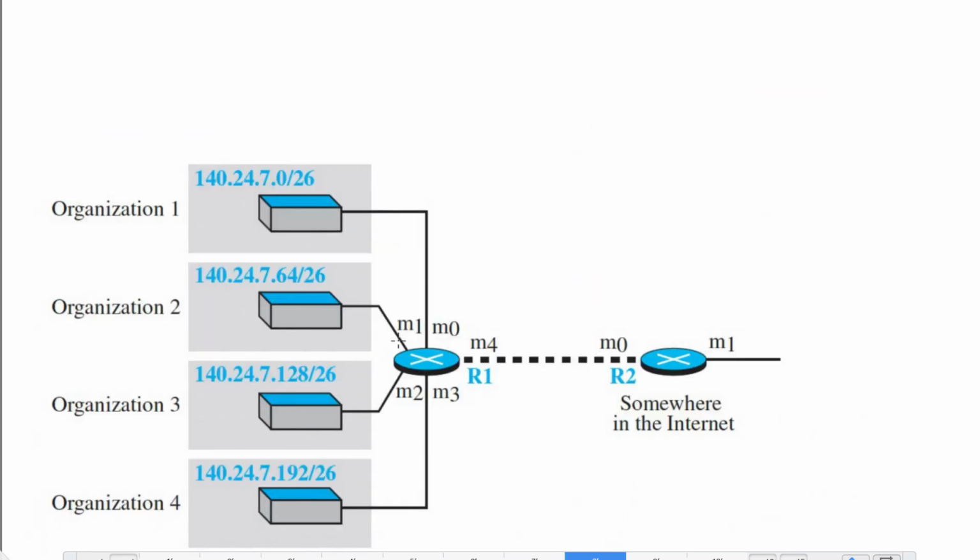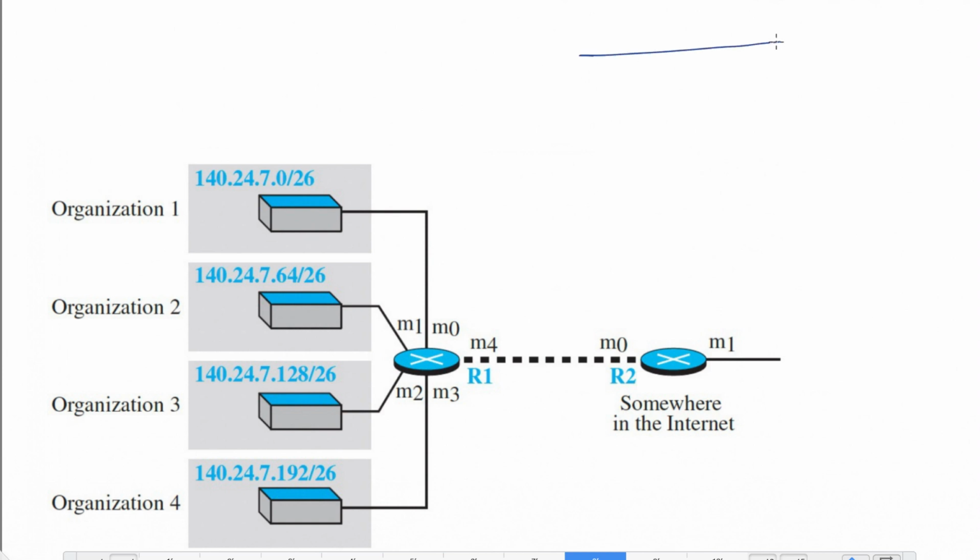Now let's look at this configuration. Here I have one router, R1, which is connected to these four organizations, and there is another router, R2, which is connected to R1 and to the outside world. This is like the example we have just seen. Now here I want a routing table for R2.